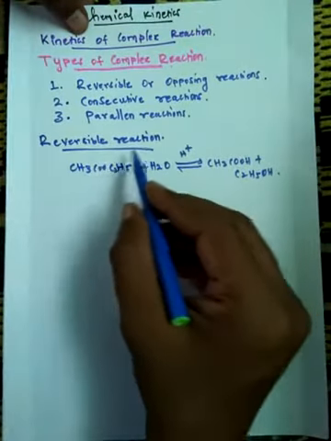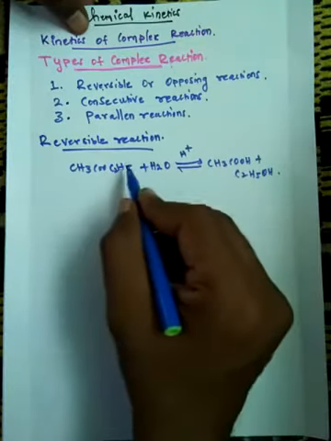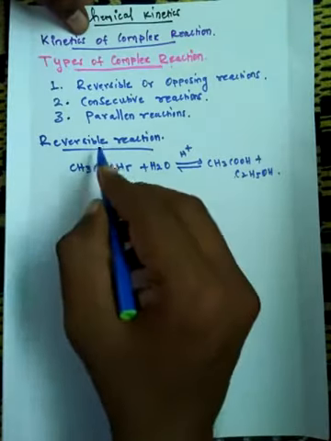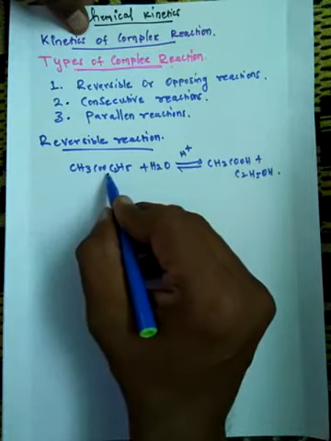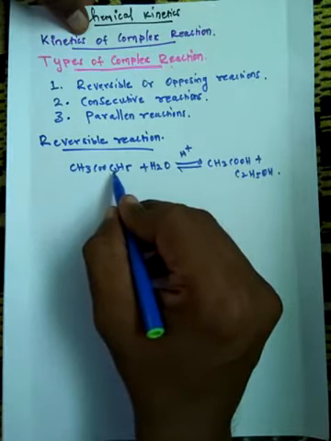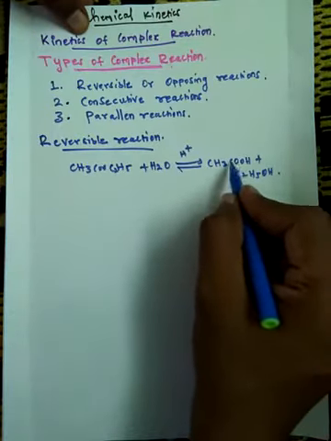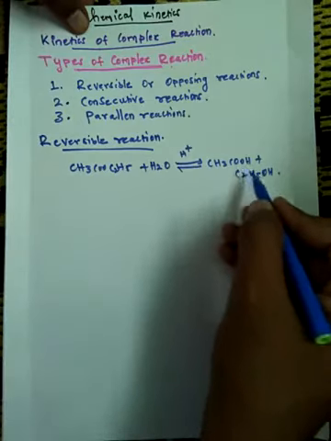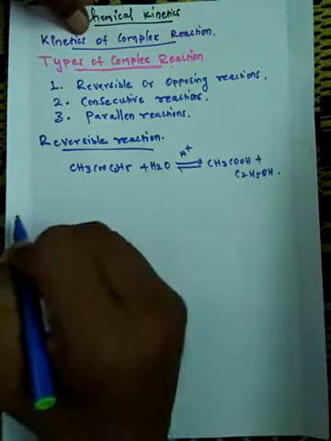Reversible reactions are where the forward and the backward reaction rate will be equal. That is the reversible reaction. As the reactant is converted into product, when the product concentration reaches a certain amount, then the product will combine to give back your reactant.